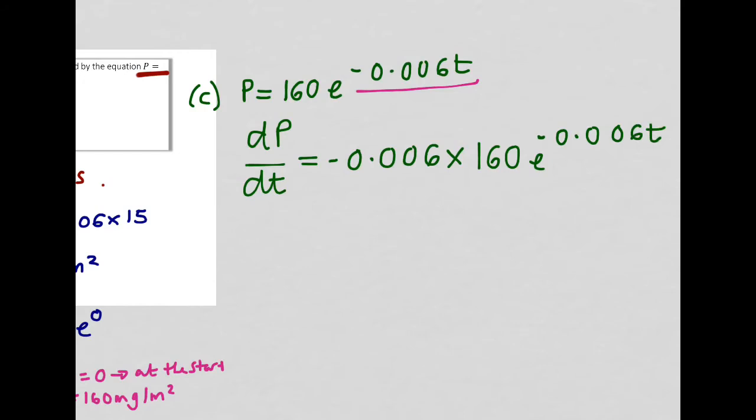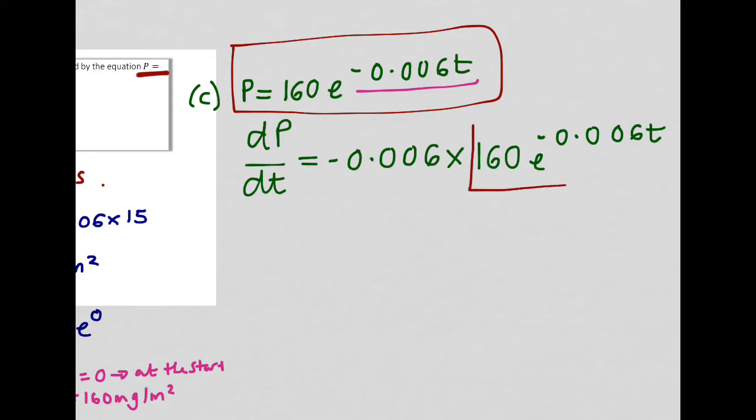Now, if you look back just above, what you will notice is that there is p, because that's what you have been given in the question, that p is equal to this, and equally this bit here is also p.